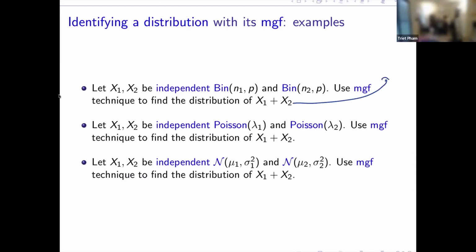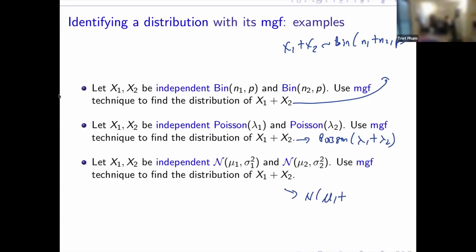The claim is that X1 plus X2 will be binomial with the same success probability, but the number of trials just gets summed. For the Poisson case, you will see that X1 plus X2 will also be Poisson, but the rate gets summed. And lastly, when you have normals, you will get a normal with the mean being the sum and the variance being the sum.